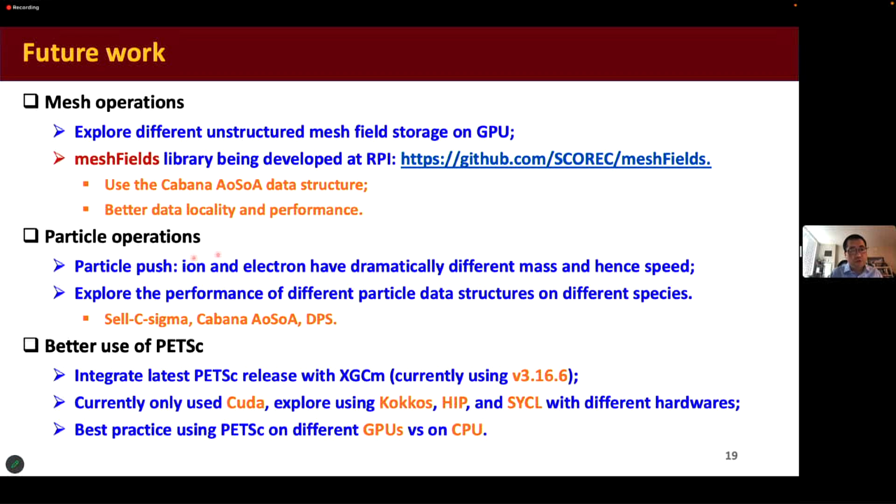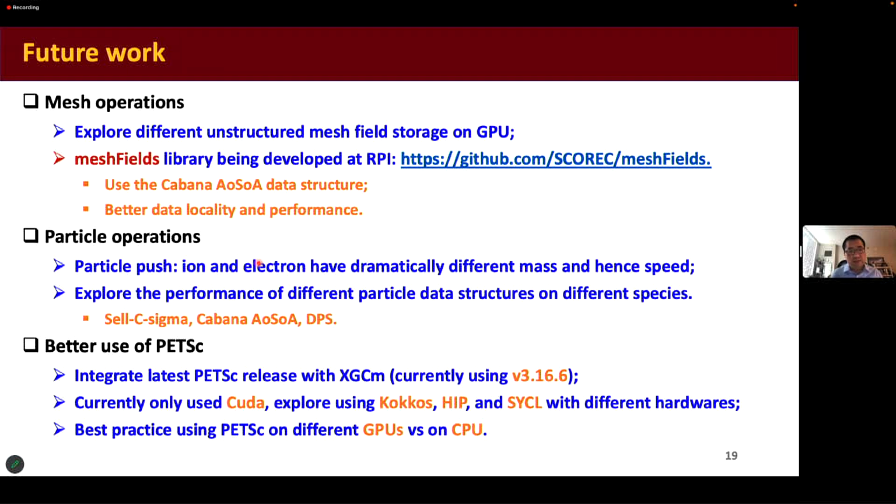For the particle operations, because ions and electrons have dramatically different mass and speed, they behave very differently. So how do we explore the performance of different particle data structures on different species? For example, Cell Sigma and then Cabana's AoSoA data structure, or even the new one, the DPS data structure being developed here.